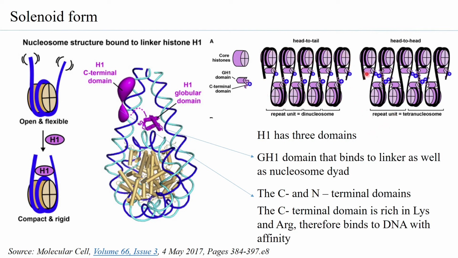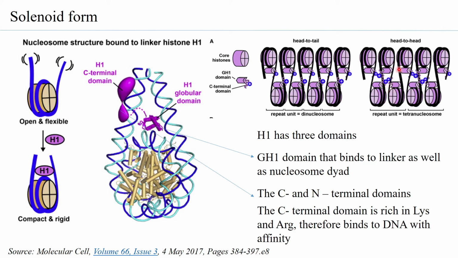But when you have the C terminal domains of adjacent H1 coming together, or facing each other, so when it is head to head, then these two are interacting and these two are interacting as well. So this becomes a tetranucleosome.